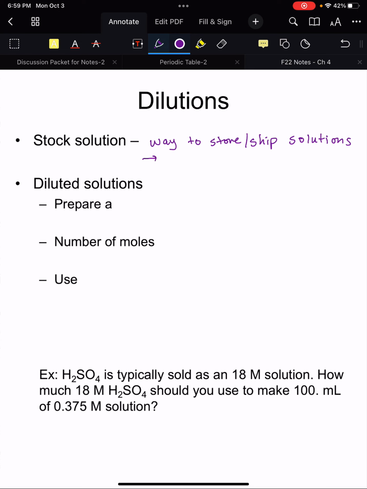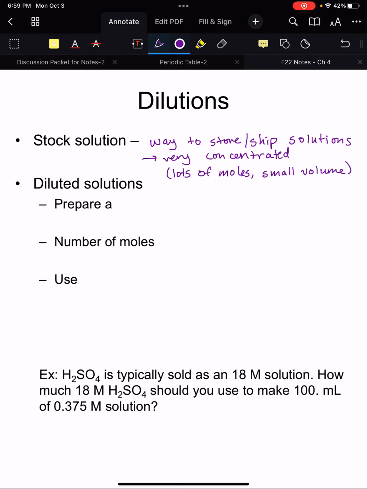But in order to save money, these are usually sold as a concentrated solution because it's very expensive to ship a giant container of water. And so instead, they'll sell you something that's concentrated, meaning that we have lots of moles in a small volume.